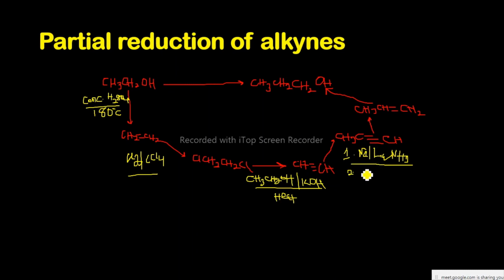The second step is you add your alkyl halide of your interest. If you wanted 5 carbon atoms, then we shall add an alkyl halide with 5 carbon atoms. But we want just 1, so we shall add just a methyl halide. It could be methyl bromide, or you can add methyl chloride.